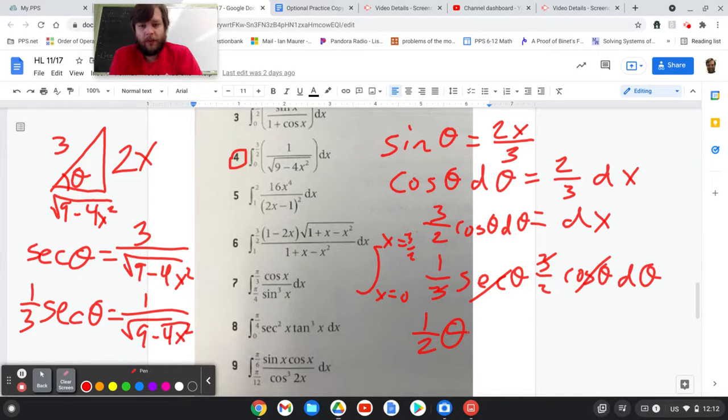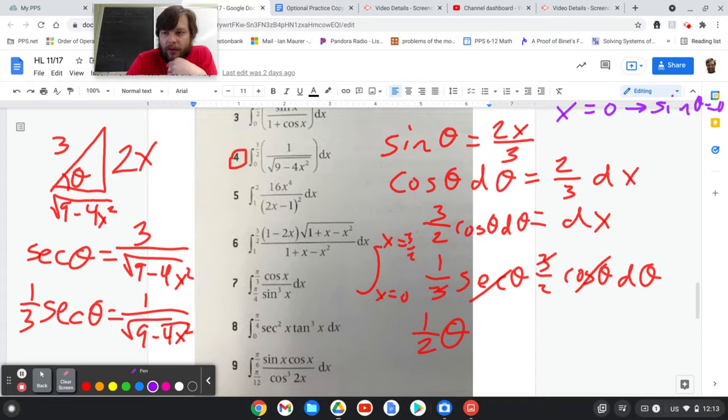At this point, we have our x bounds from x equals 0 to x equals 3 over 2. And so what we can do is use those to figure out the theta bounds. If I look at x equals 0, I'll do that in a different color up here at the top. If x equals 0, then that implies that sine of theta equals 0, because 2 times 0 over 3.